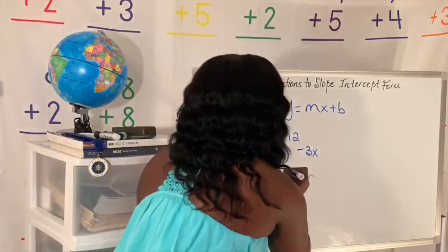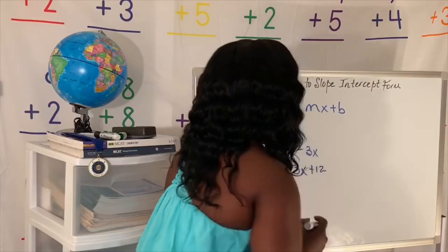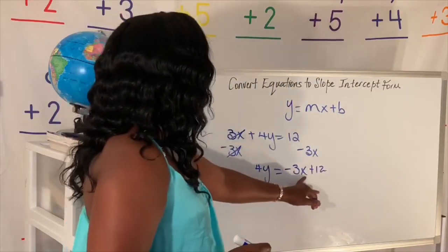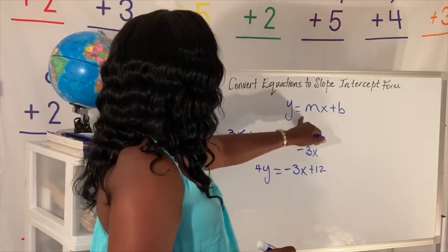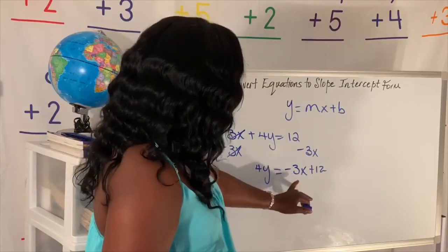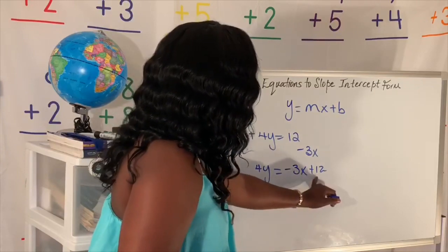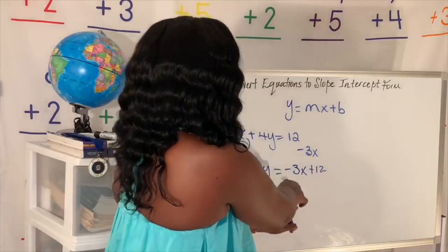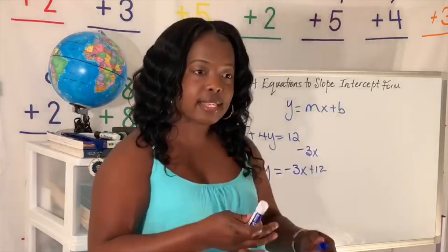However, we're going to write minus 3x plus 12. And the reason why we did minus 3x plus 12 instead of 12 minus 3x is because we want it in the form y equals mx plus b. So we want some coefficient or variable plus 12, which means that we want it in the form mx plus b. So that's why we write it in that form.